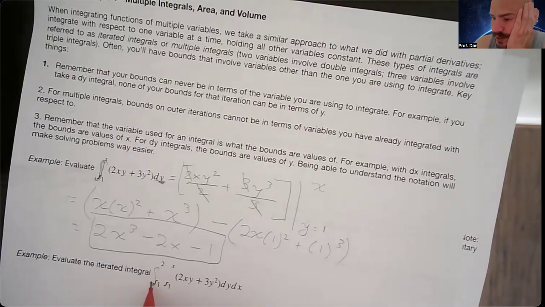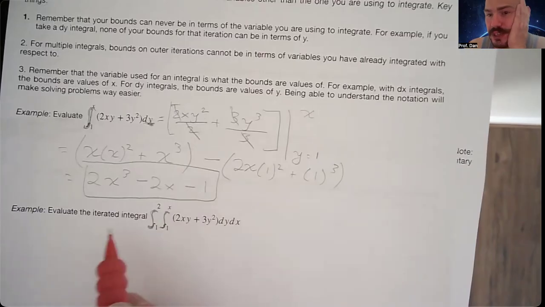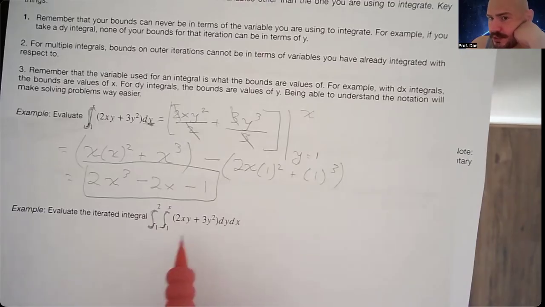So for this one, let's say I have my double integral symbol that the printer just for some reason did not like, right? So first off, this notation is called an iterated integral in your textbook. I look at this and I call it a double integral because you're integrating with respect to two variables.